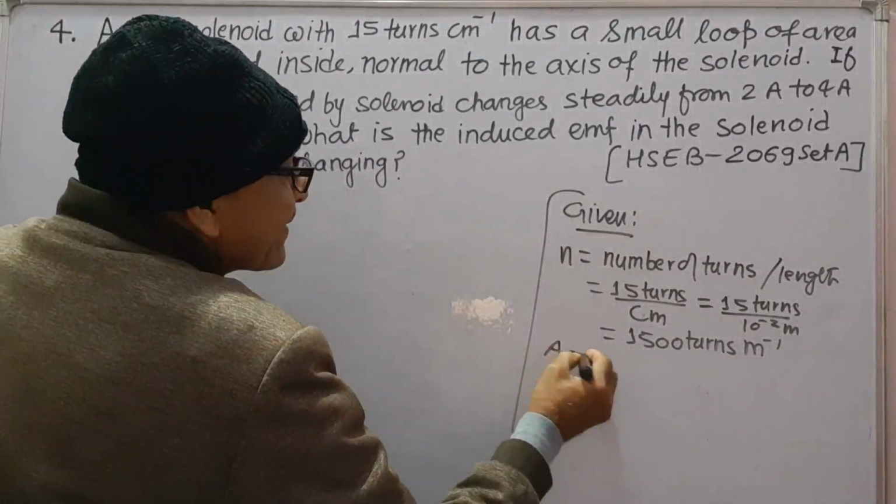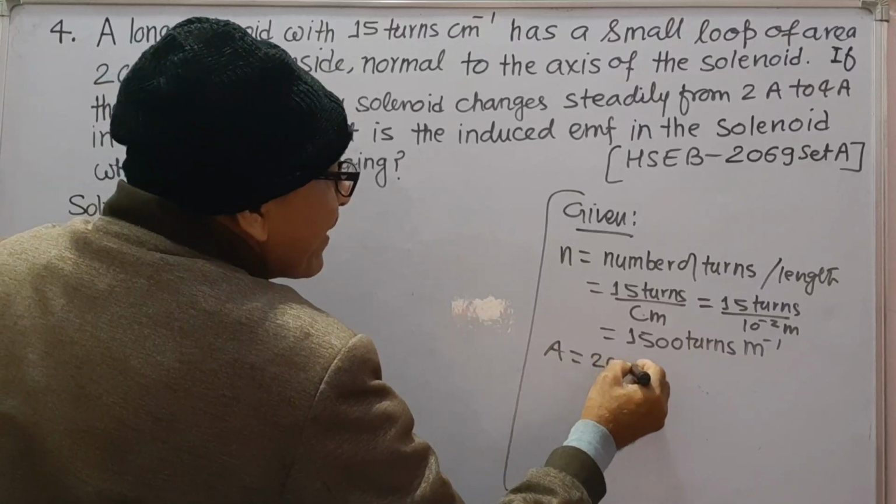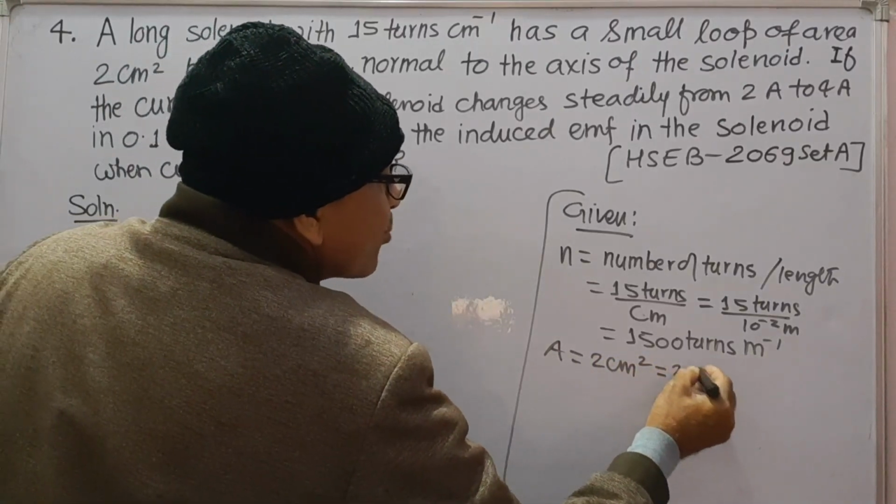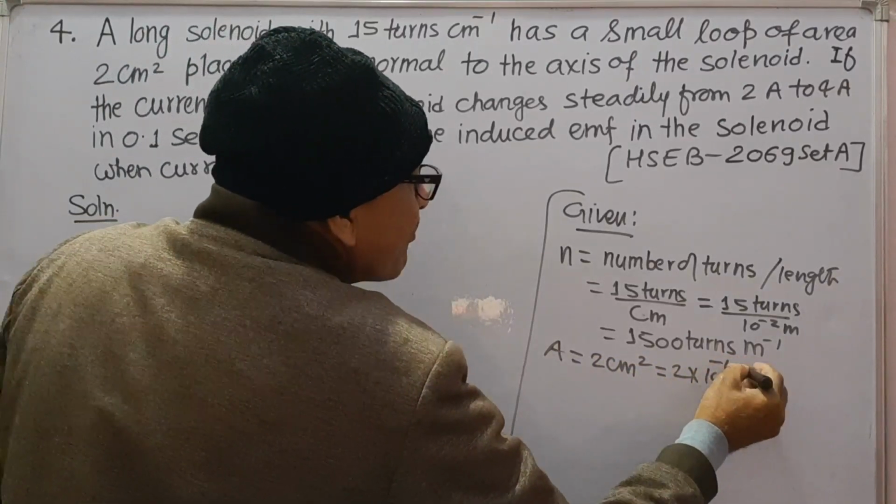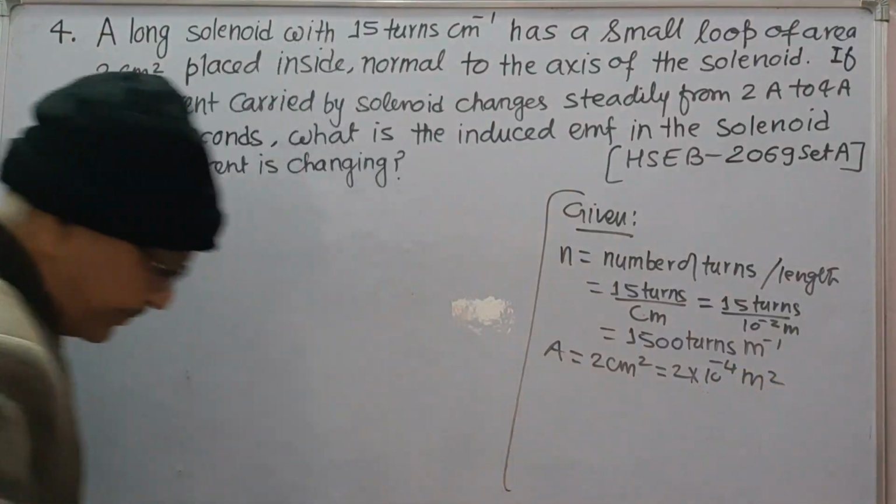Area of each turn is 2 cm square, which is 2 into 10 to minus 4 meter square.